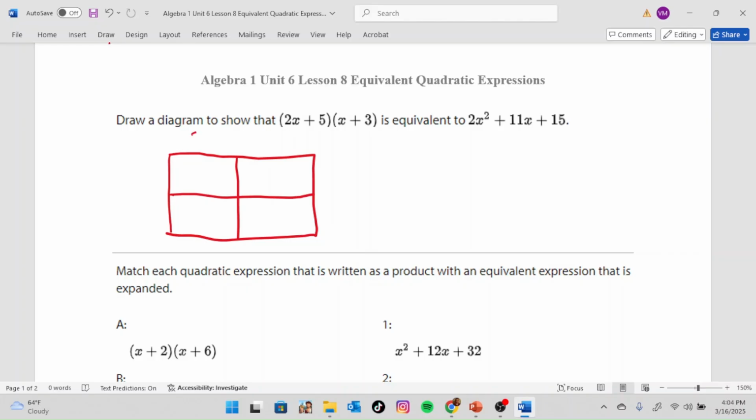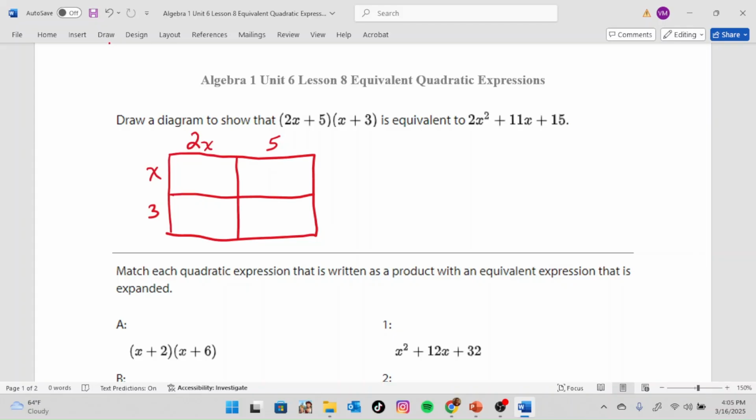And across the top, I'm going to put the first factor, 2x and 5. Then down the left side, I'm going to put the second factor, x and 3.